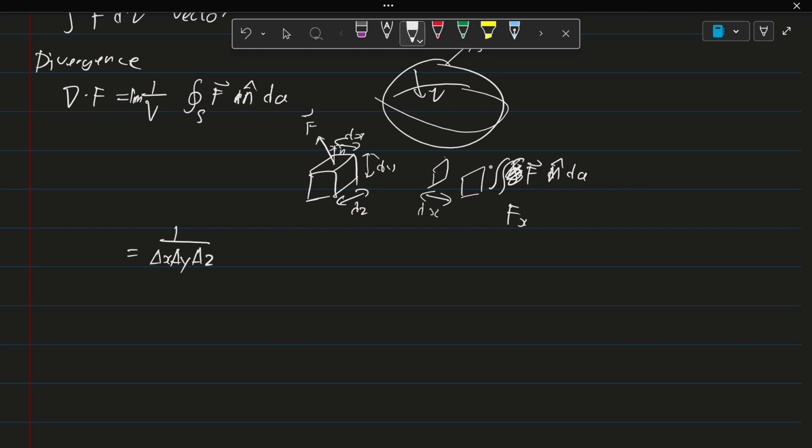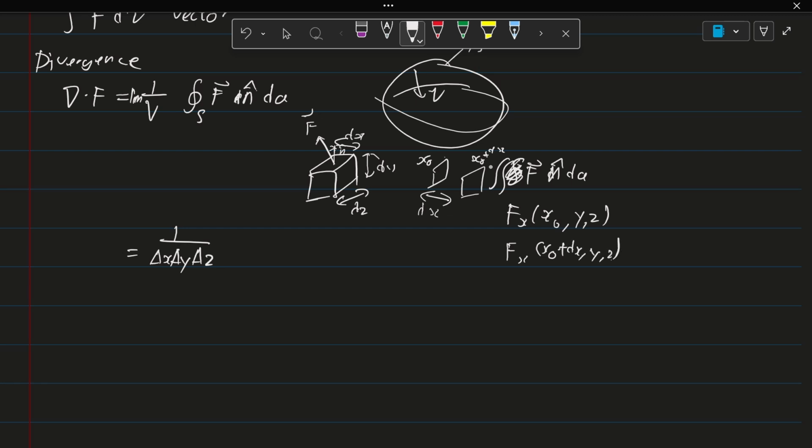So it's just fx of the particular place that we are interested in, x0, y, z. And this one would be x0 plus delta x, so it would be fx of x0 plus dx, y, z.